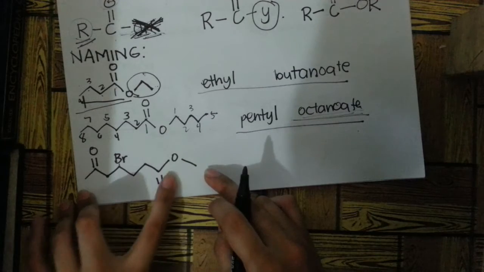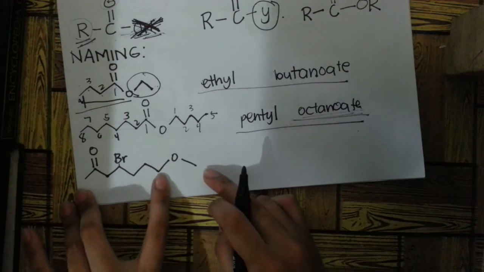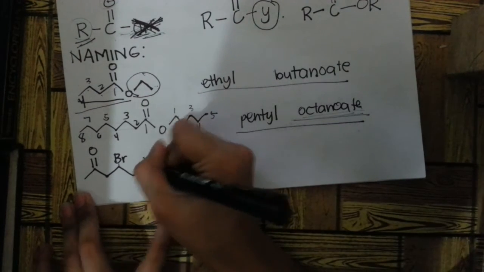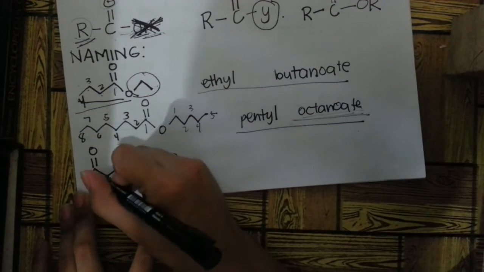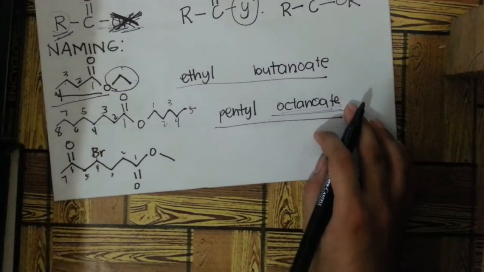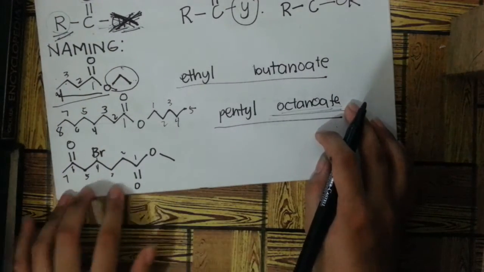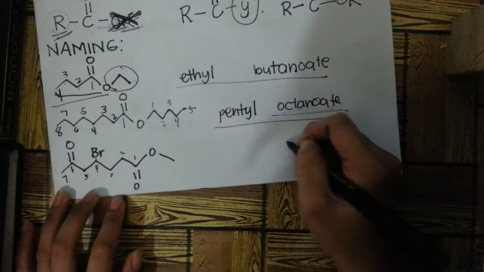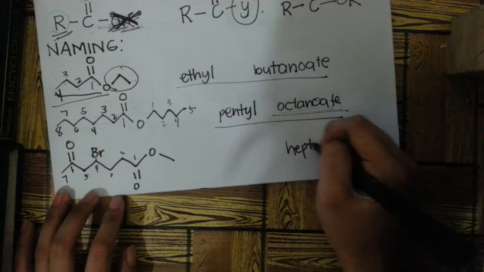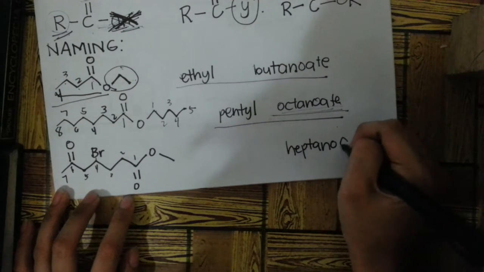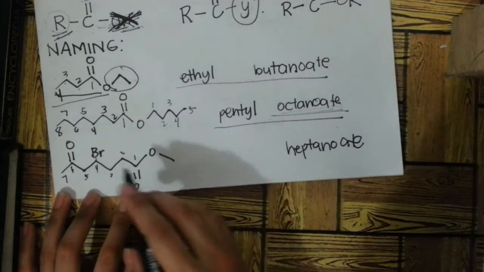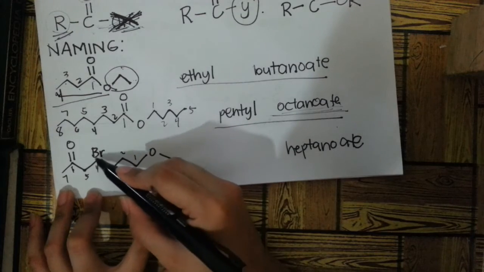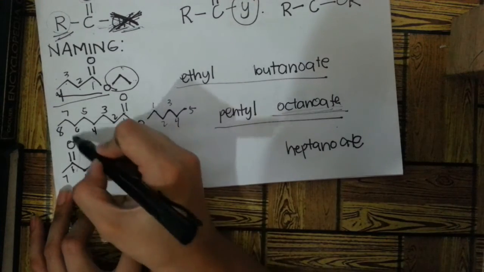So how about this one? Let us first start numbering the carbon atoms: 1, 2, 3, 4, 5, 6, 7. If we remember, most substituents are named alphabetically. In this case, we have a parent chain of heptanoate because of the presence of single bonds in this specific example. Then we could see that there is a presence of bromo and an oxo group here.